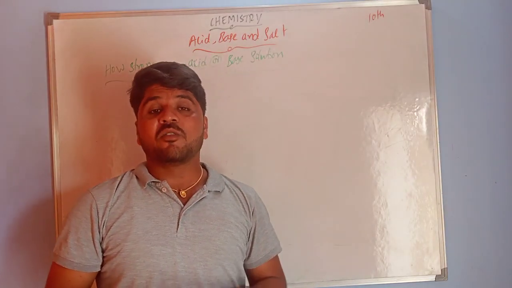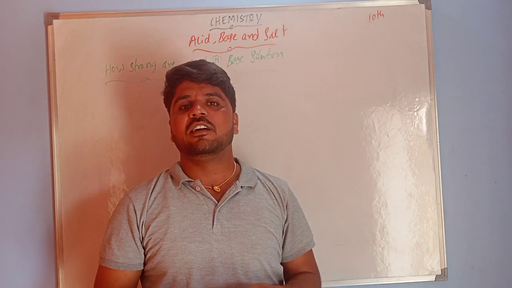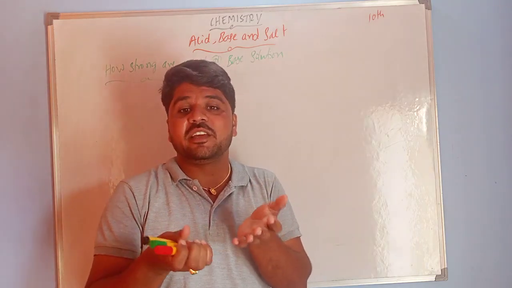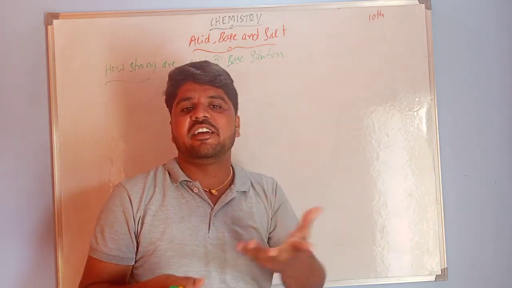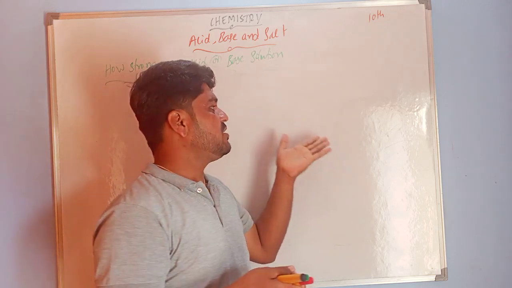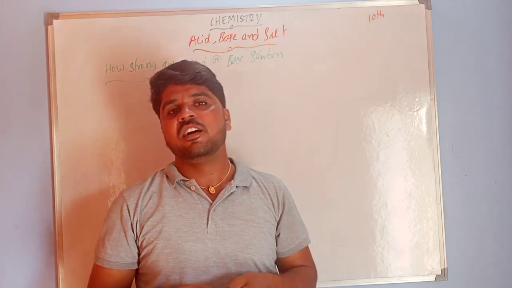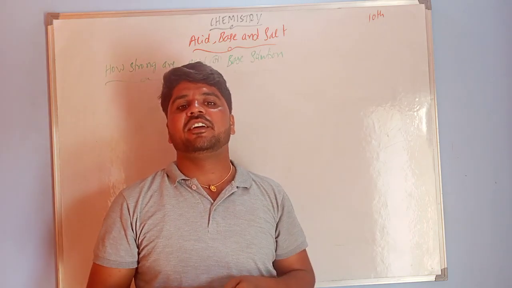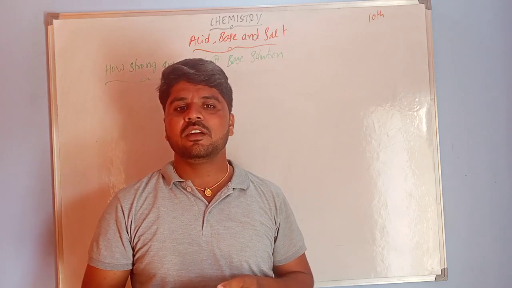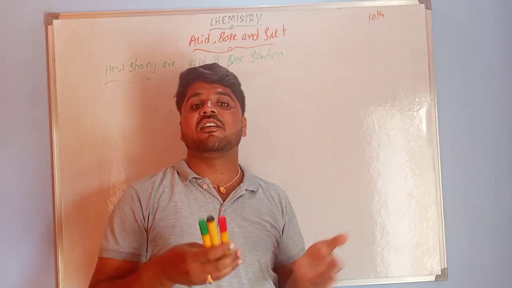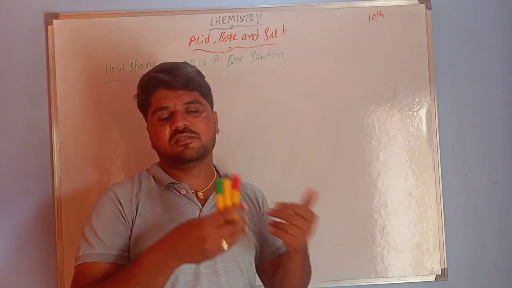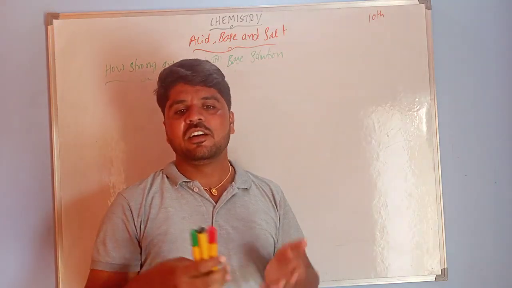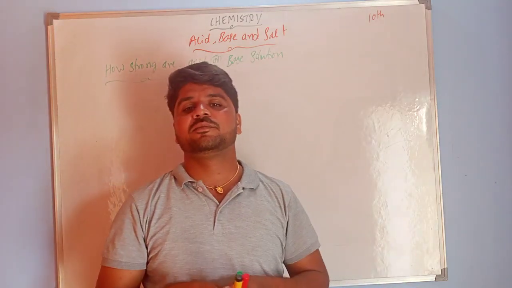Can we quantitatively identify how many ions are present in the given solution? How can we judge whether it is a strong acid or strong base, or a weak acid and weak base?